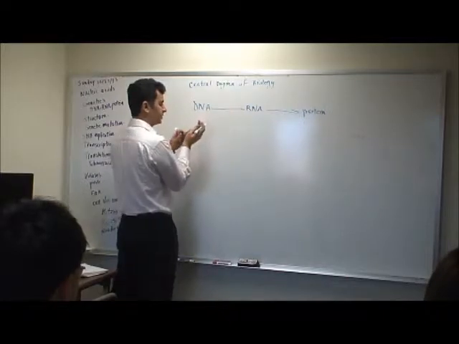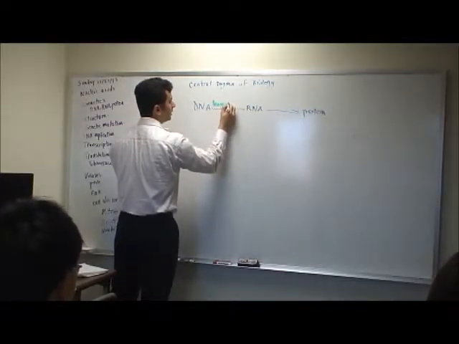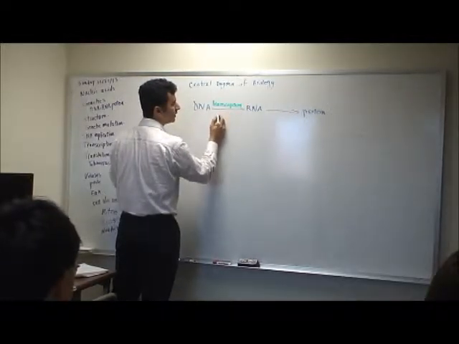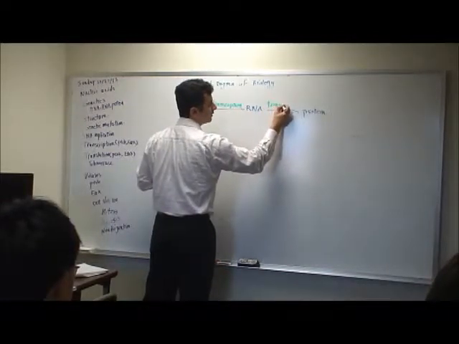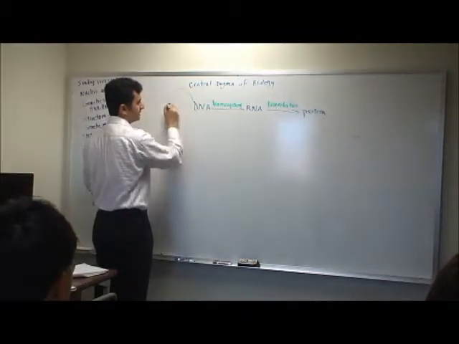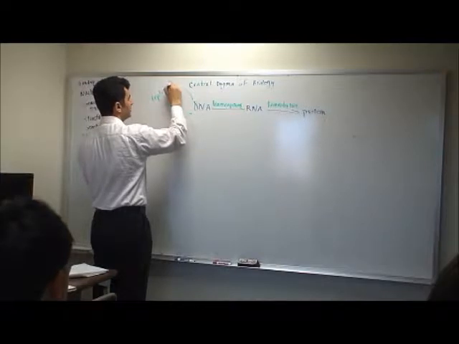Transcription or translation? Transcription. Is this transcription or translation? Transcription. Okay, RNA to protein? Translation. Or some teachers add this. They say going from DNA to DNA is called replication.